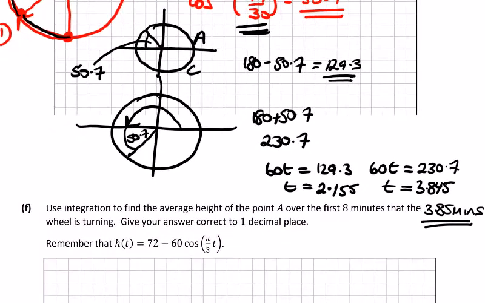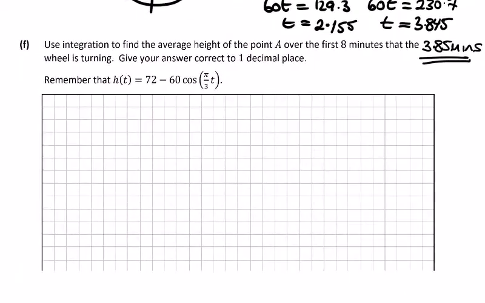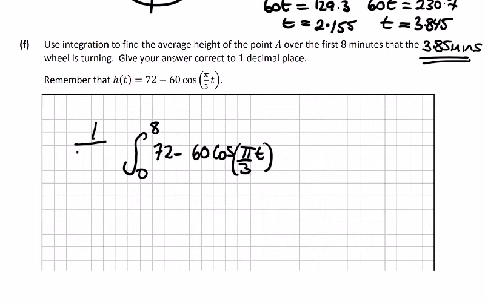And then we're asked to use integration to find the average height. So we're going to integrate h of t, integrating 72 minus 60 cos pi over 3 times t. It's over the first 8 minutes, so between 8 and 0, and for the average value we want 1 over b minus a. So we're going to have 1 over 8.